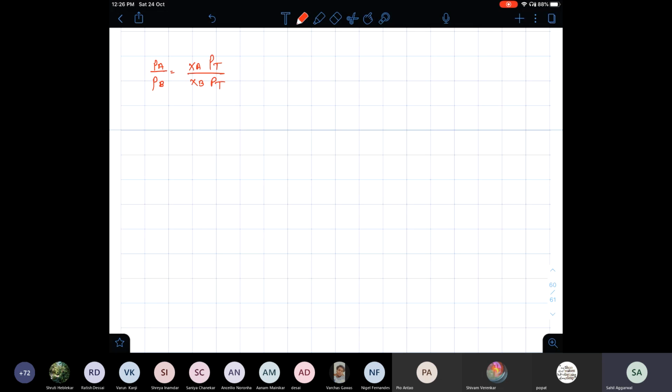Yes, this will get cancelled out. Mole fraction is moles upon total moles. Hence, partial pressure ratio is the mole ratio.